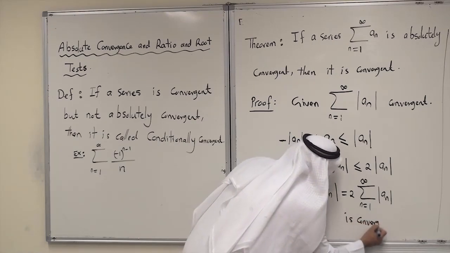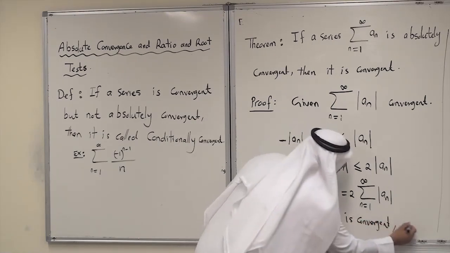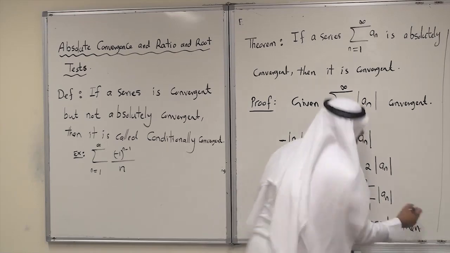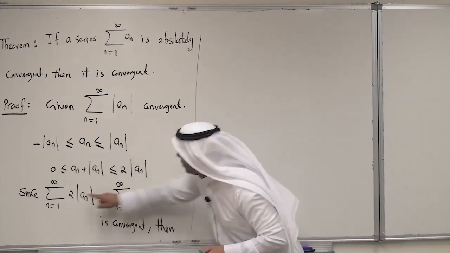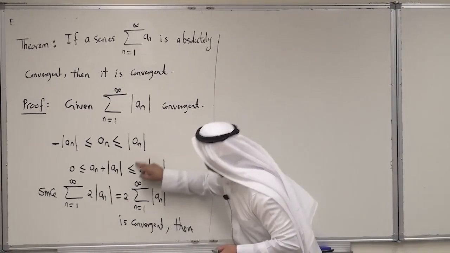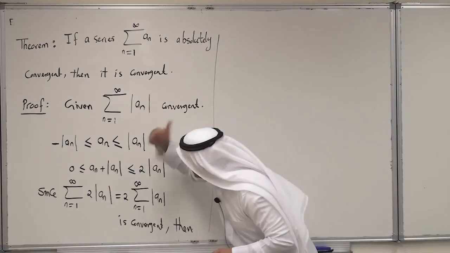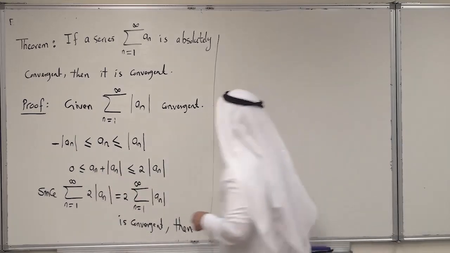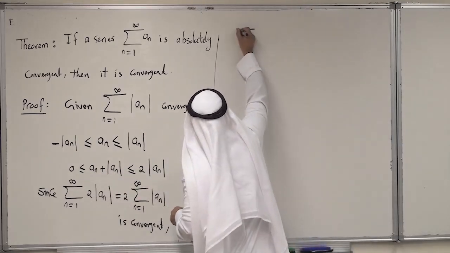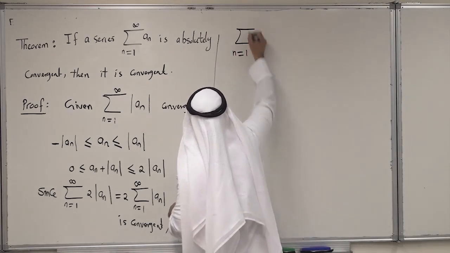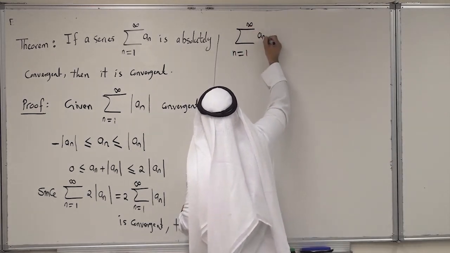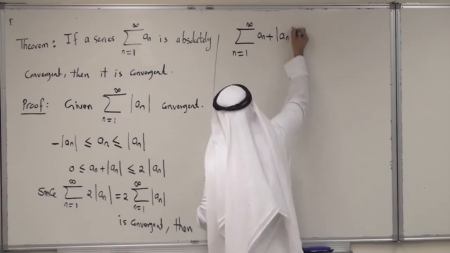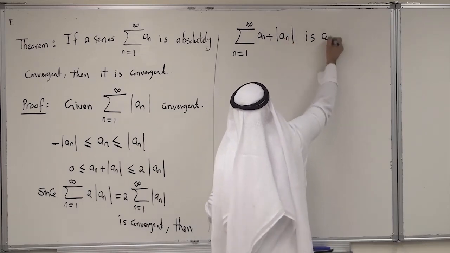Since this is convergent, what is the conclusion? We have a series given by 2 times the absolute value of an, which is convergent. So by the comparison test, the series with an plus the absolute value of an, from n equal to 1 up to infinity, is also convergent.